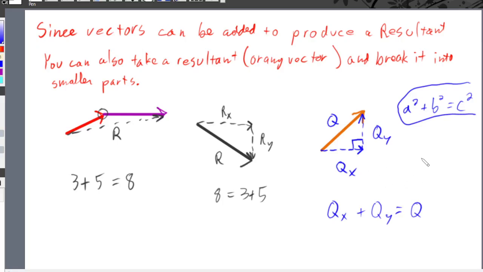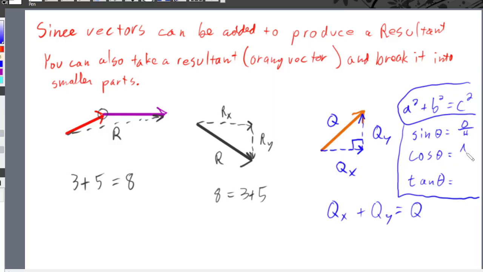The other functions, which may not be immediately apparent, are that with a right triangle we can use sine, cosine, and tangent. Sine is equal to the ratio of the opposite side divided by the hypotenuse.